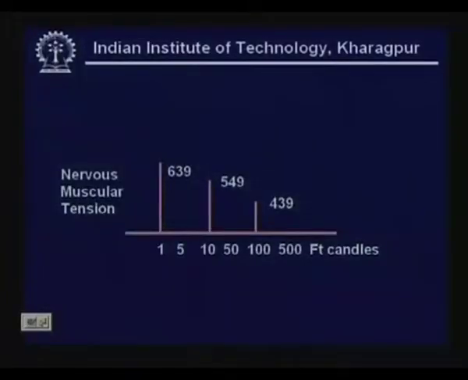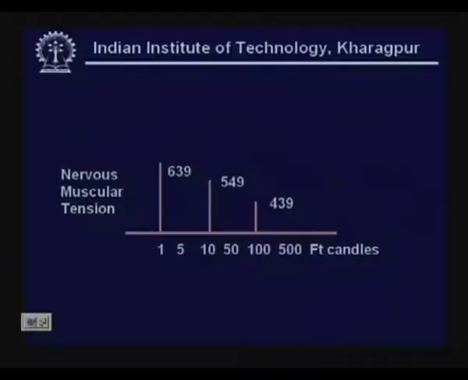All this leads to some kind of muscular tension. We know tension is nothing but a kind of pressure, which is measured in terms of mm of mercury, or in terms of kg force per unit area.